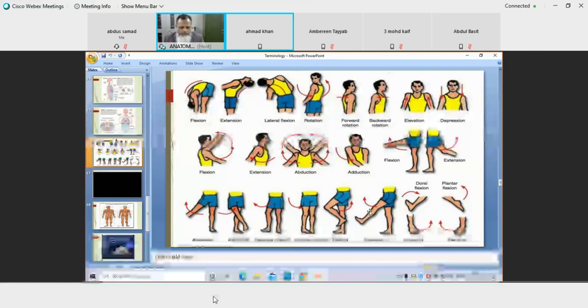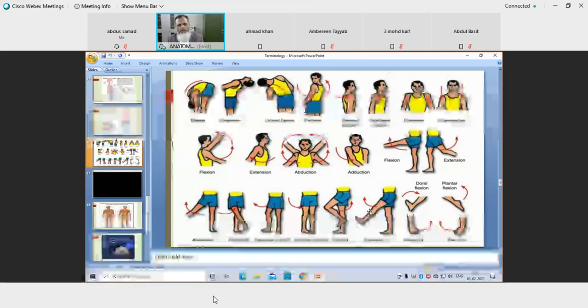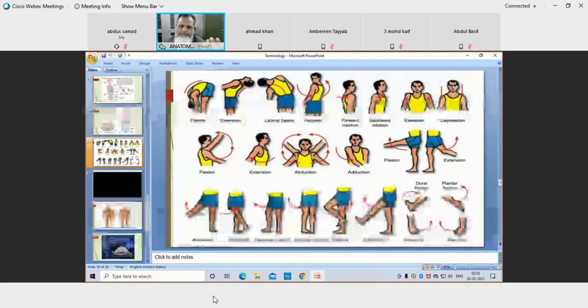Now, there are several classifications of the movement of the body, but if you recall from your previous knowledge, at which joint do most movements occur?